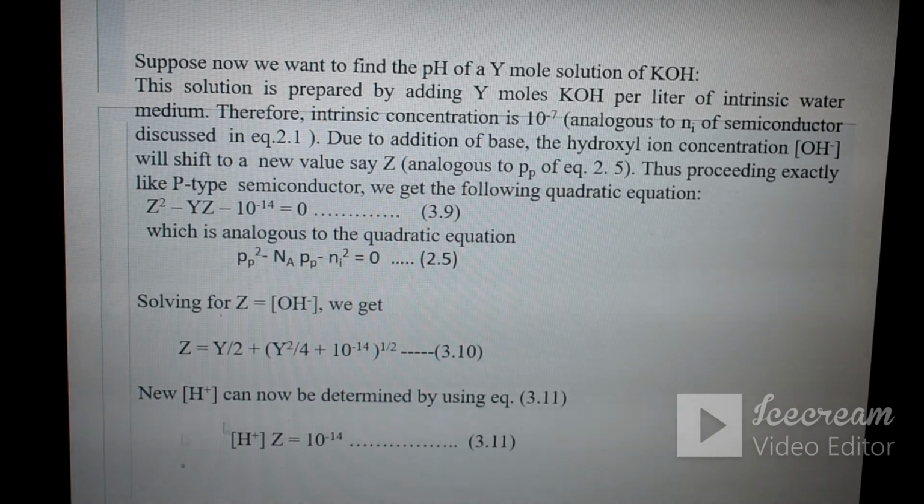From where the new hydroxyl ion concentration Z can be determined using equation 3.10, and from here you can determine the value of the hydrogen ion concentration. Then by using the definition of pH, we can get the pH value of the Y mole solution of potassium hydroxide.